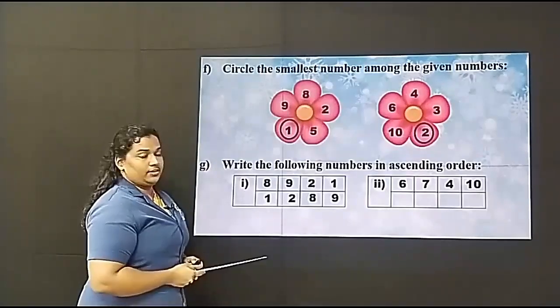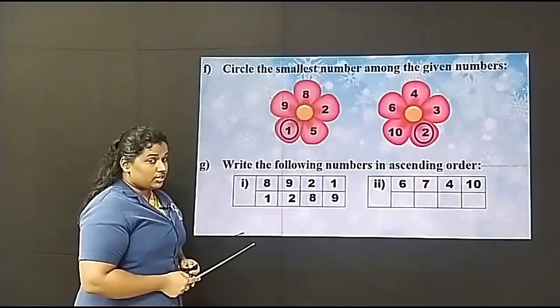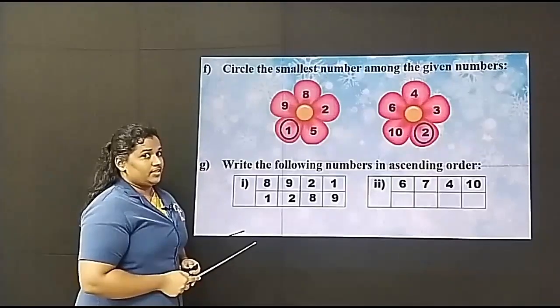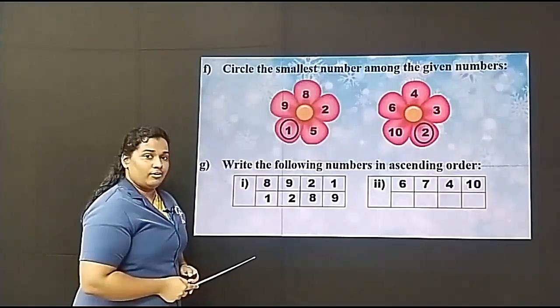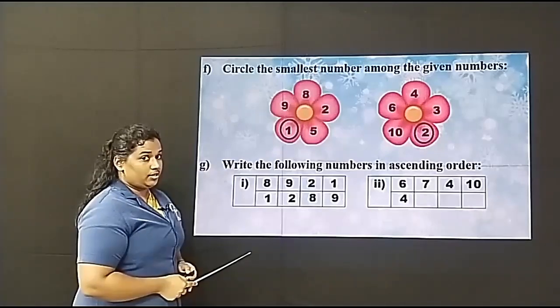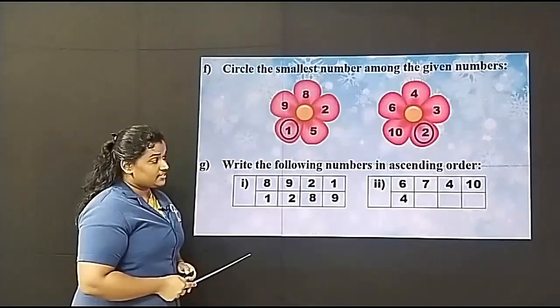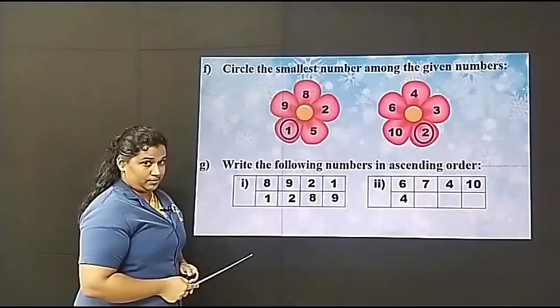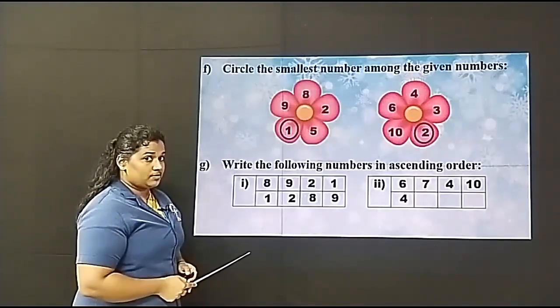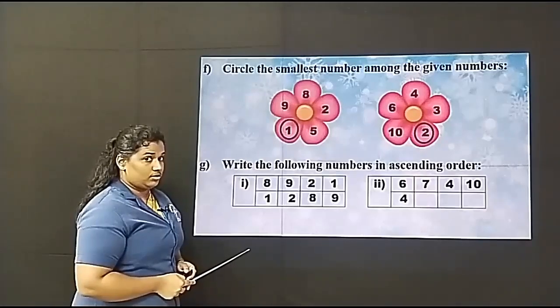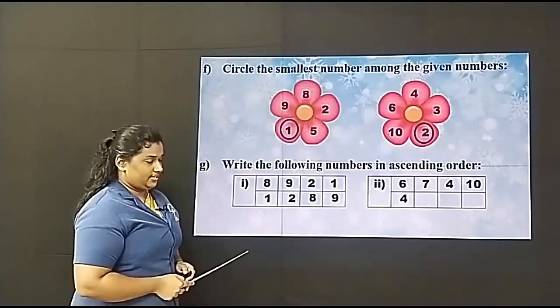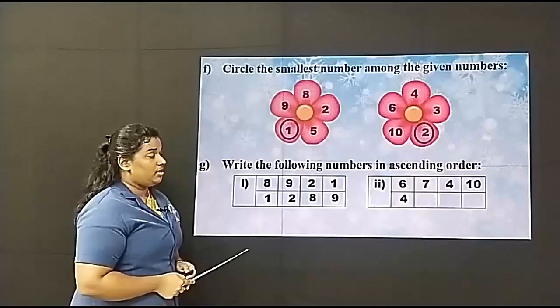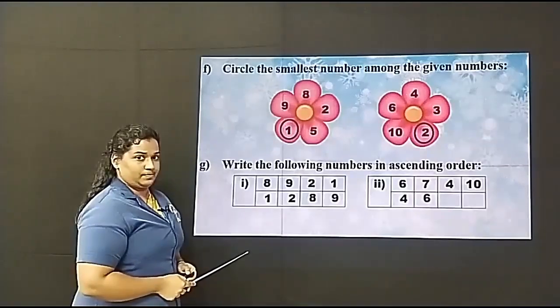Among the given numbers, which number comes first? Yes, the smaller number 4. Remaining numbers are 6, 7 and 10. Among these numbers, which number comes next in ascending order? Yes, the smaller number 6.